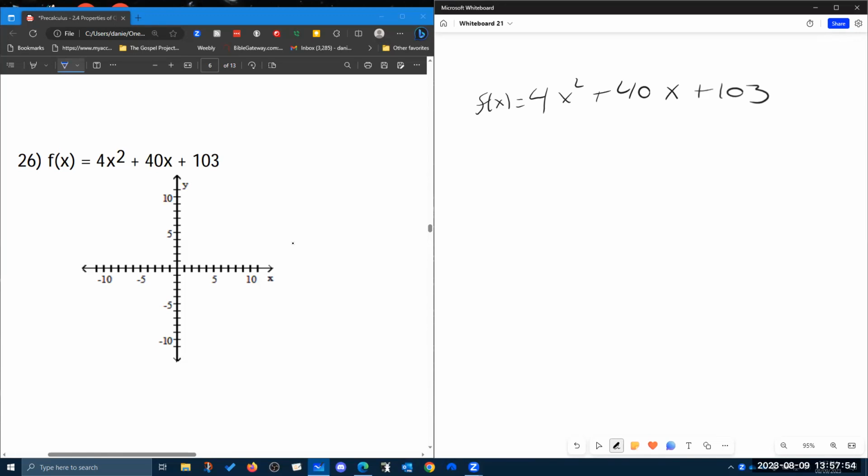I don't think 11 is going to work. So I think maybe that might be a prime number.